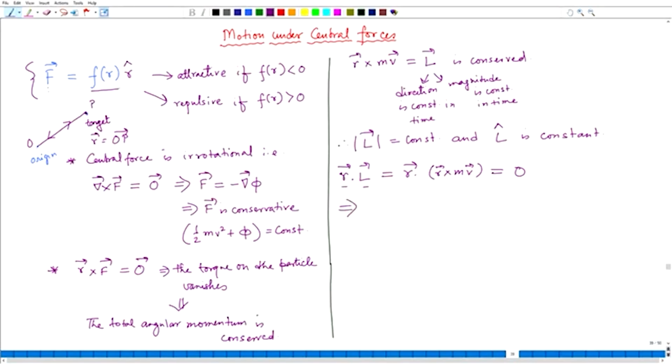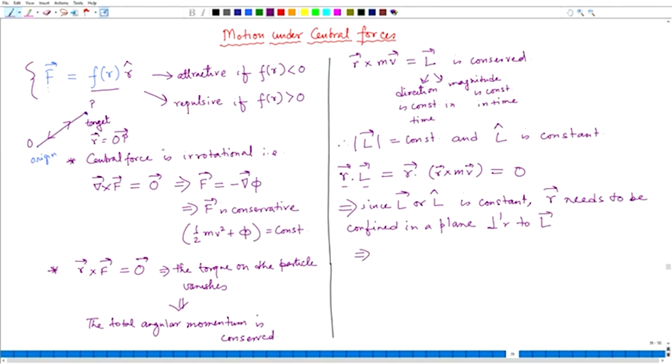Okay. So, the immediate conclusion from that is, since L or L cap is constant, r needs to be confined in a plane perpendicular to L. And that means that the motion must take place in a plane, in a 2D plane actually.